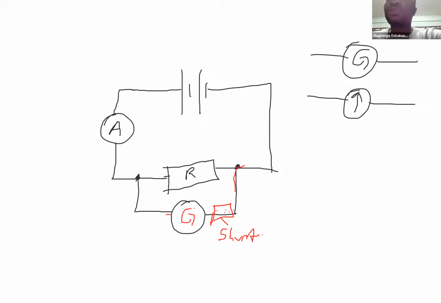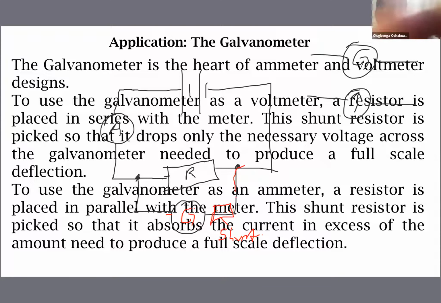So when we want to measure current flow, we need an ammeter, but all we have is a galvanometer. To use the galvanometer as an ammeter, a resistor is placed in parallel with the meter.